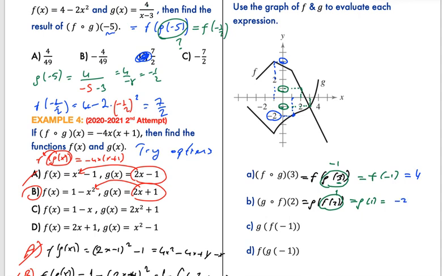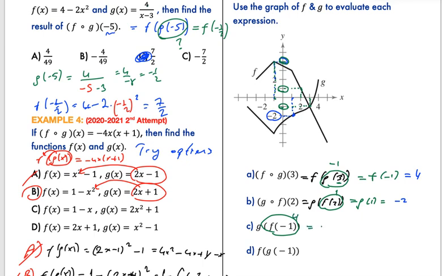Alright. G of f of -1. So find inside function. What is f of -1? Find -1 on the x-axis. I got it. Go to function f. Function f is above x-axis. I should go up. I hit the graph and go across to find the corresponding y value, which is 4.